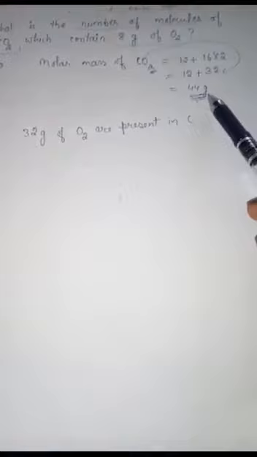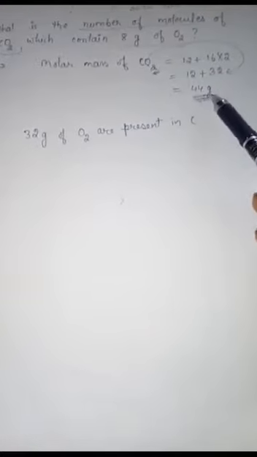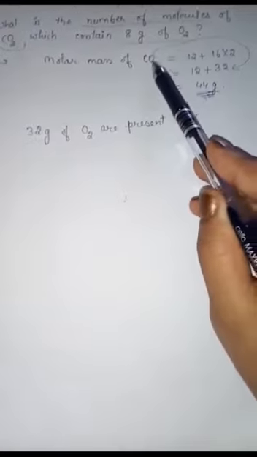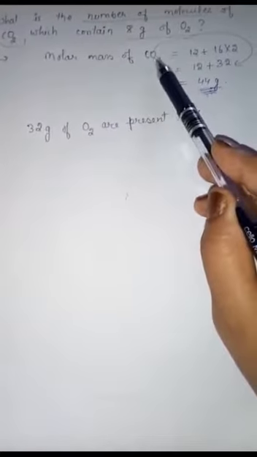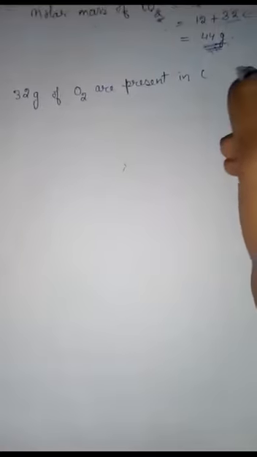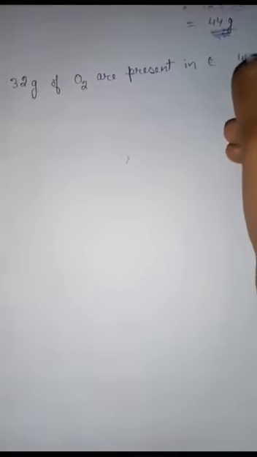Now see, 44 gram of carbon dioxide contains 2 oxygens. It means 44 gram of carbon dioxide contains 32 gram of oxygen. It means 32 gram of oxygen are present in 44 gram of carbon dioxide.